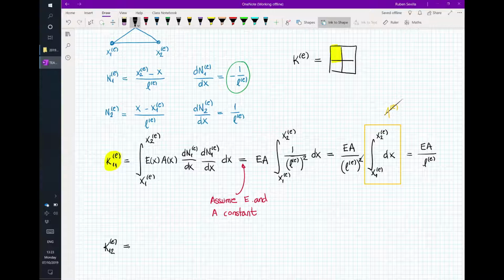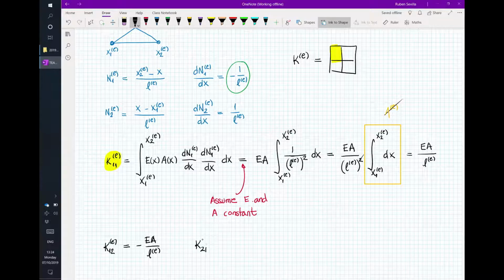Why? Because this assumption is still going to be made, so we do the same step. And then inside the integral you have 1 divided by L squared, because we are multiplying this twice. In position 1, 2, you need to multiply one derivative of the shape function by the other derivative to compute this entry. So you have minus multiplied by plus. So the only thing that changes is the sign. So that's minus EA over L.